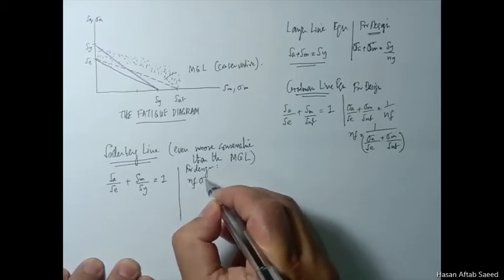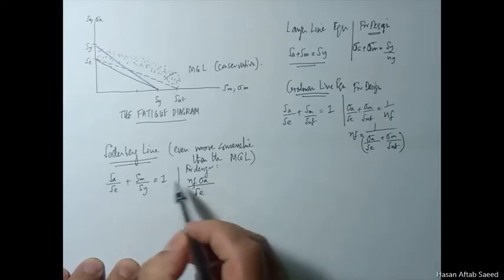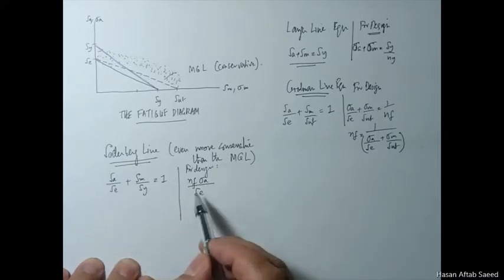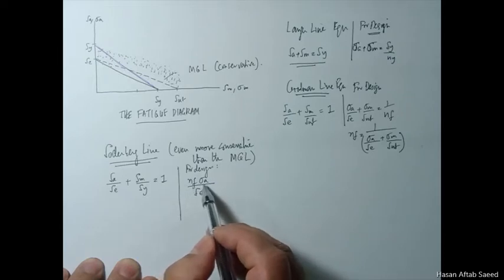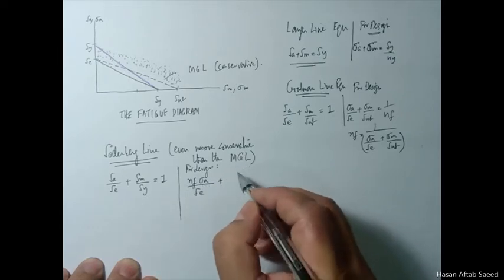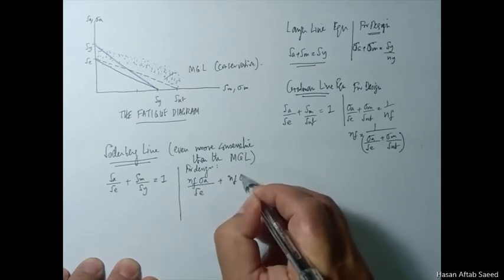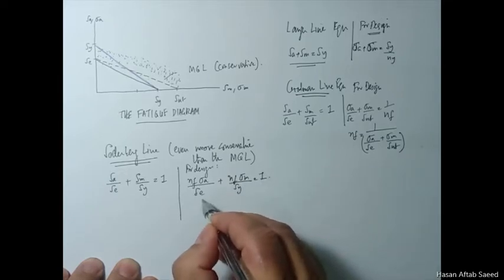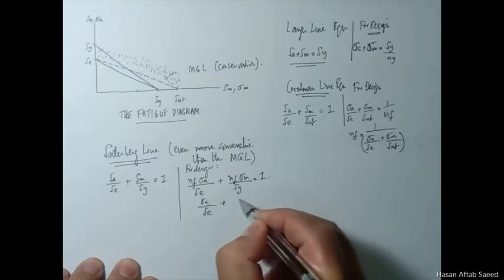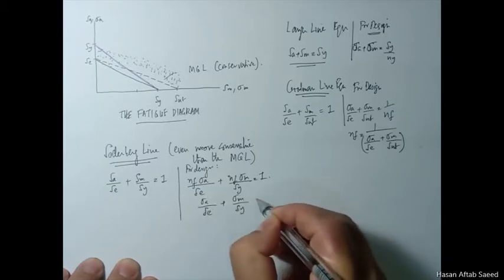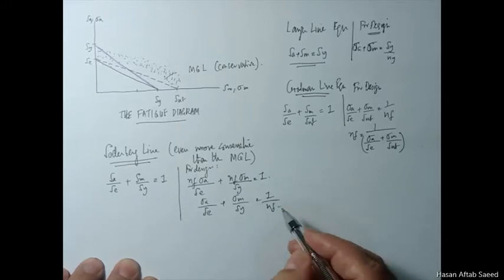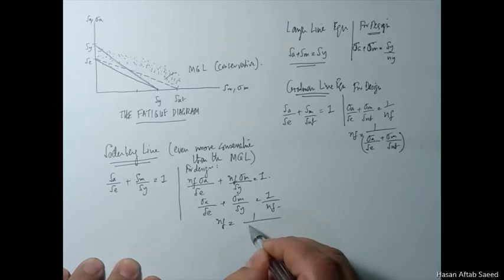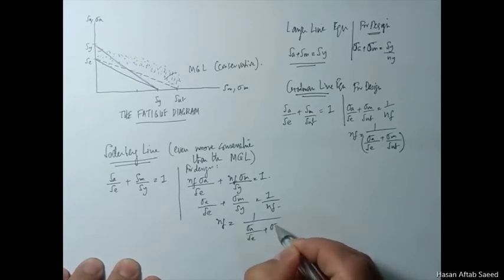So we just replace SA by nf sigma A, the same procedure that we did last time: nf sigma A over SE plus nf sigma M over SY is equal to 1, which means sigma A over SE plus sigma M over SY is equal to 1 over nf, or nf is equal to 1 over sigma A over SE plus sigma M over SY.